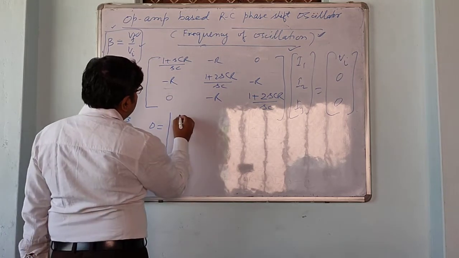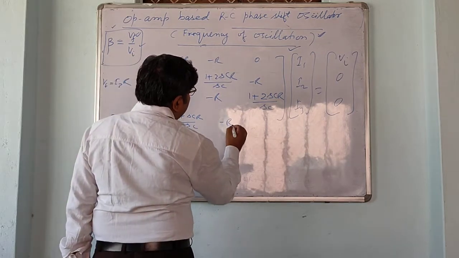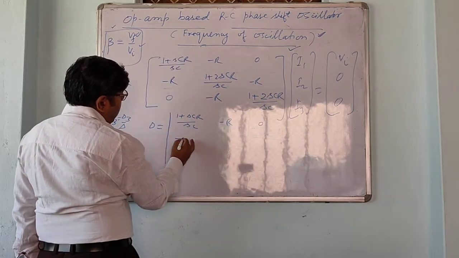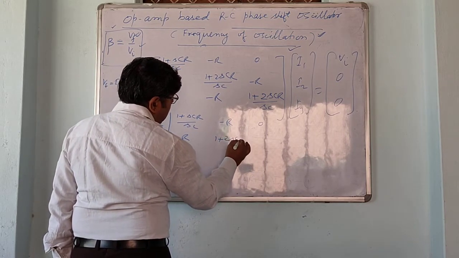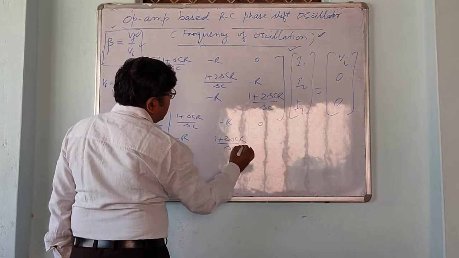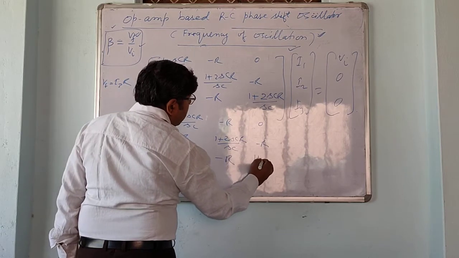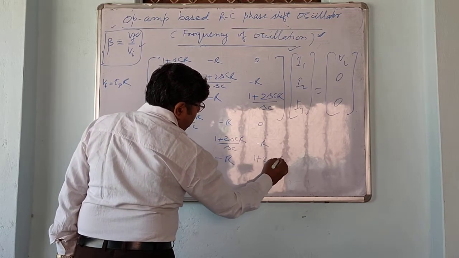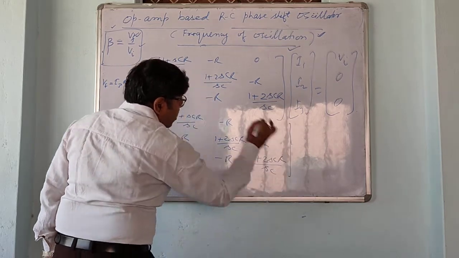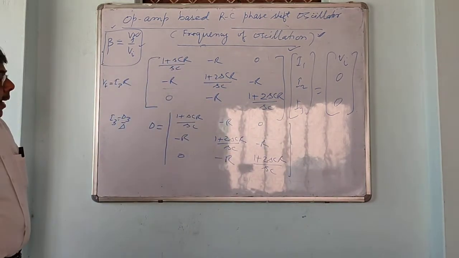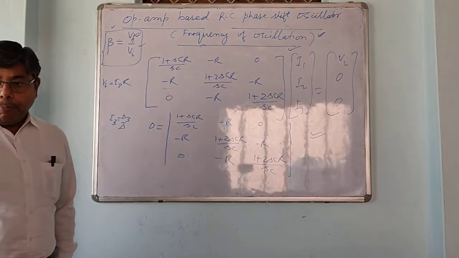In determinant form, this is 1 plus SCR upon SC minus R, 0, minus R, 1 plus 2 SCR, upon SC minus R, 0, minus R, 1 plus 2 SCR, divided by this. So this is the determinant, and this is an assignment for you. Solve for this. I am writing directly.